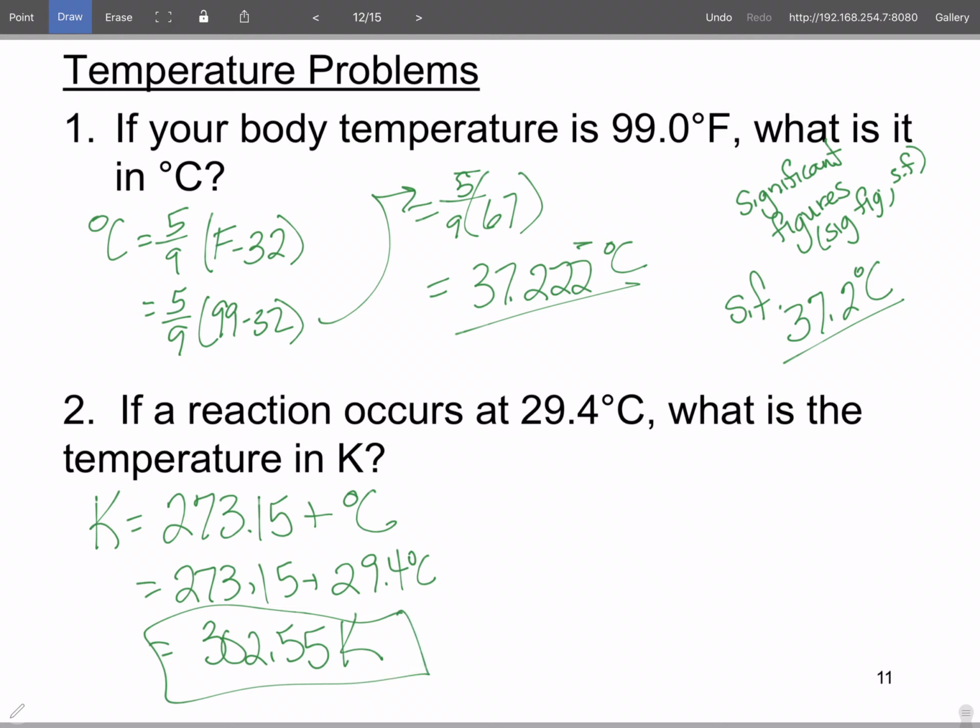Notice when I'm done, I'm either underlining, circling, or whatever, and my unit is associated. If we're doing it in sig figs, then we will report it as 302.6 K because we would need one digit after the decimal, and we would have to round up.